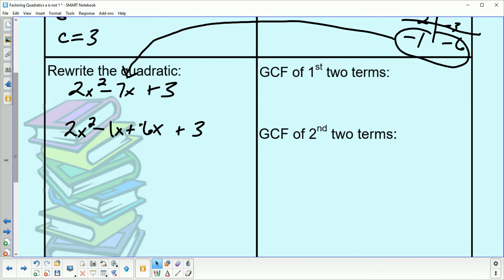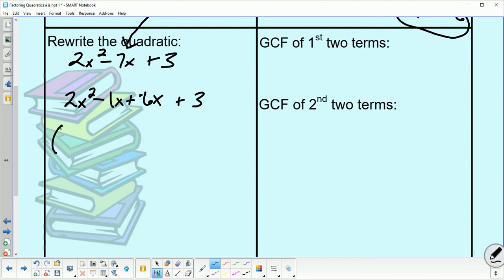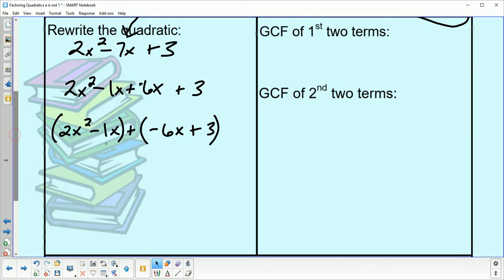And then we said we're going to factor by grouping. So I'm going to group my first 2 terms into parentheses. So 2x squared minus 1x, that's one parentheses, plus, and that plus is important, in the other parentheses, my other group, -6x plus 3. Okay, so if we look at our first 2 terms, 2x squared minus 1x, our greatest common factor is x, and if I look at my second 2 terms, my greatest common factor, and because this first one is negative, is going to be a -3.